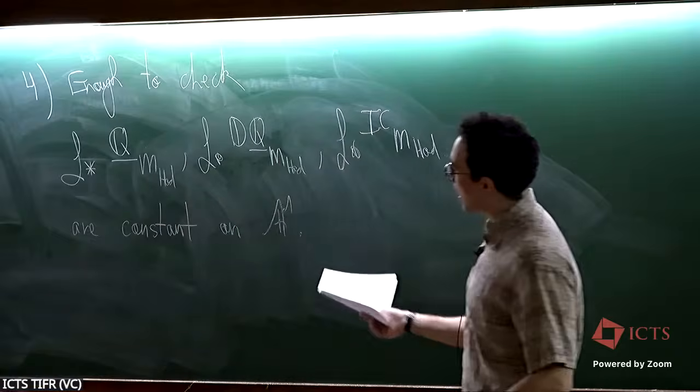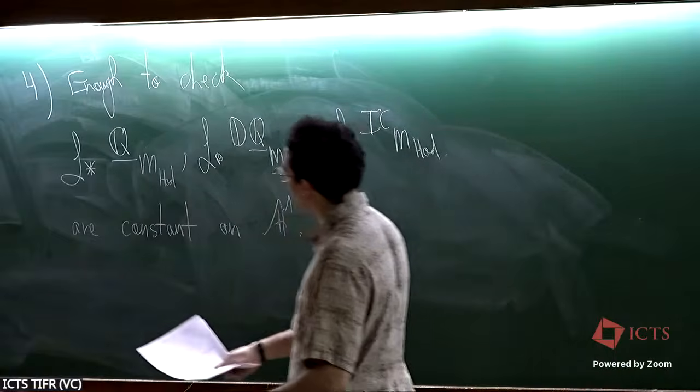So constant sheaf on A1 means it's pulled back from something that lives on the point.